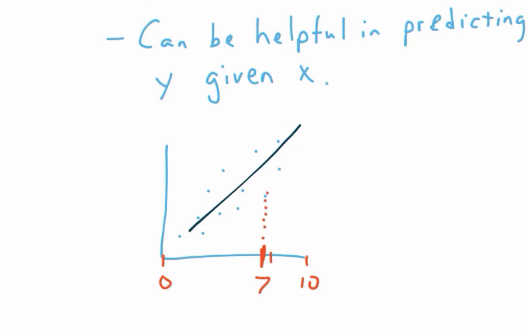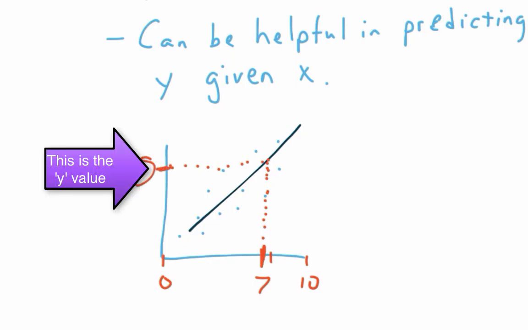Do I go to that blue dot? Where do I go before I hook left to find my y value? If you draw in a trend line first, you know that line's about the best approximation for your data. So then you go up to the trend line and then go straight across and say, okay, here's my y value when x is 7. So a trend line helps you estimate one value given another.